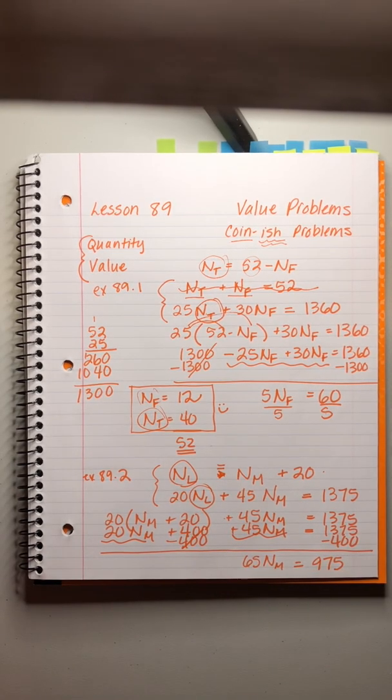All right. Do you suppose that 65 goes into 975 evenly? I've got hope. Let me find my little book. Little book. It's hiding from me.